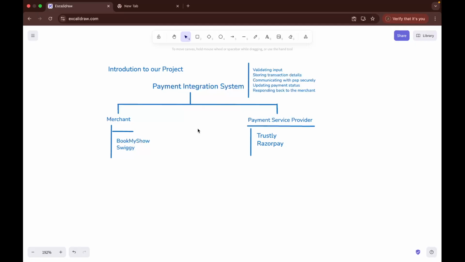Let's walk through the complete payment flow.